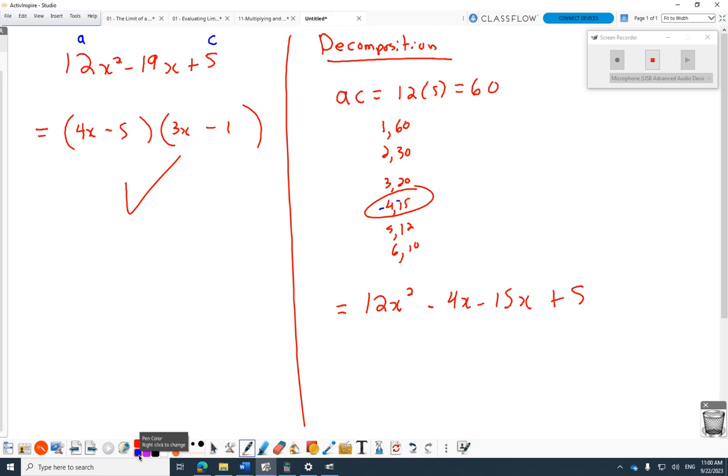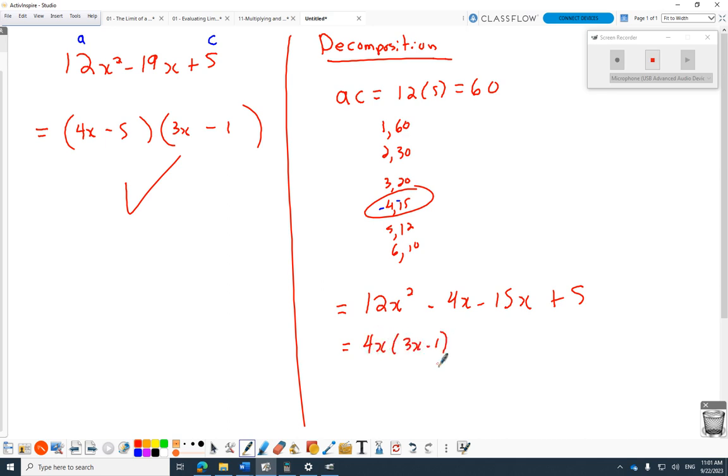Okay? Right now, it all seems very mysterious what I'm up to. So let me explain. I've now found out when you FOIL out the brackets what the FOIL will look like. This first step of decomposition showed me the 2 magic numbers that were in the FOIL. Now you can look and go, okay, if that was what was in the FOIL, then what was in the first term?